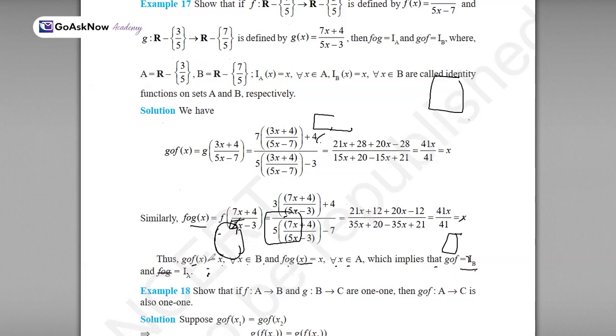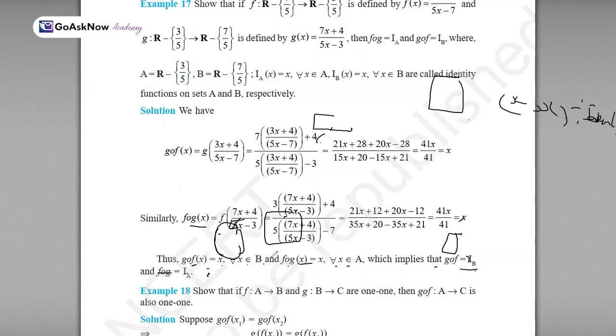Identity function is what? If you have the relation like x related to x itself. So this is identity function. Okay.